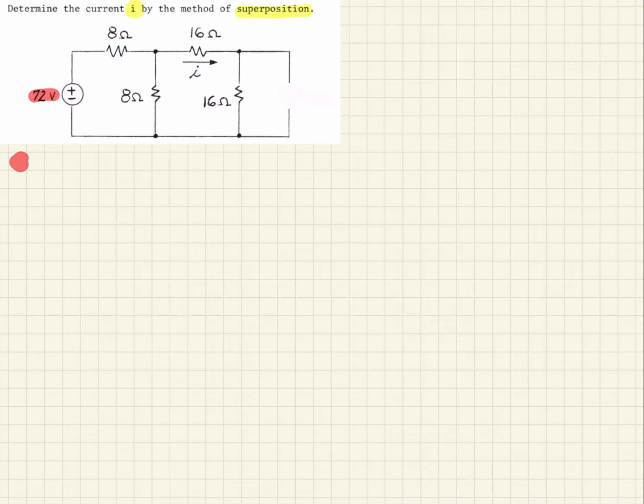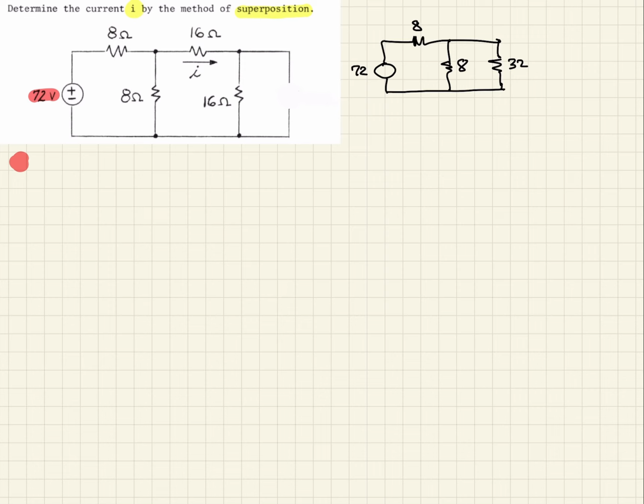So when we do that, we see that we could redraw this circuit then as follows. We would have the 72 volt source. We'd have our 8 ohm resistor on the top. We have this 8 ohm resistor here. And then we can combine these two 16s to get a 32 ohm resistor there. So we see that the 8 and the 32 are in parallel.